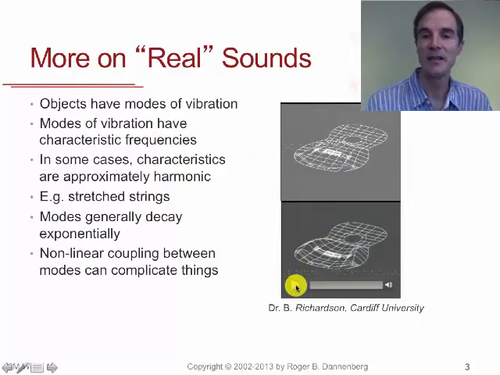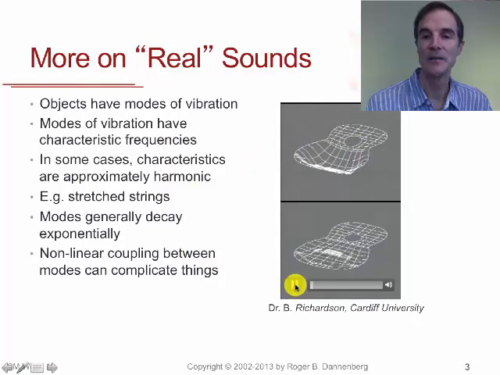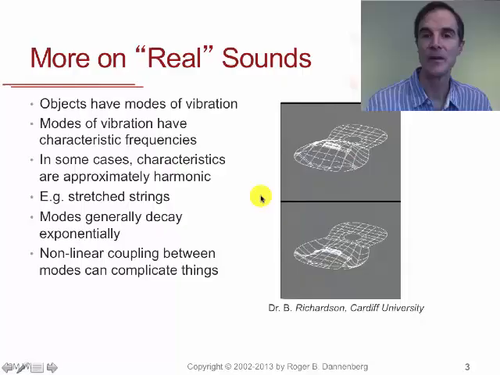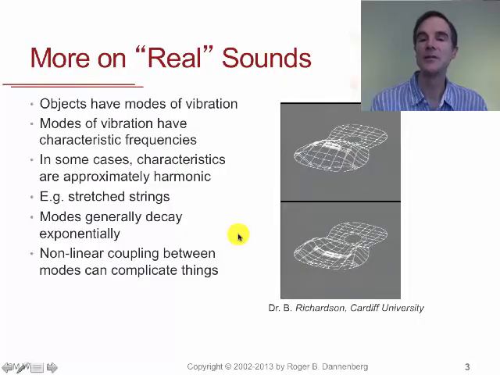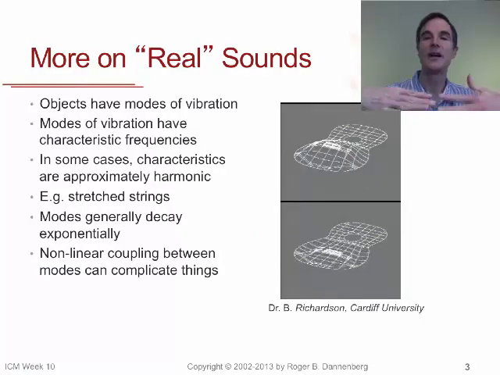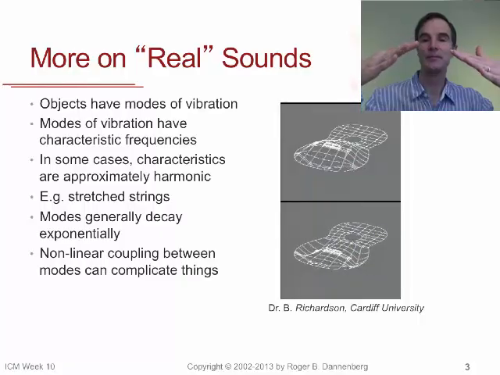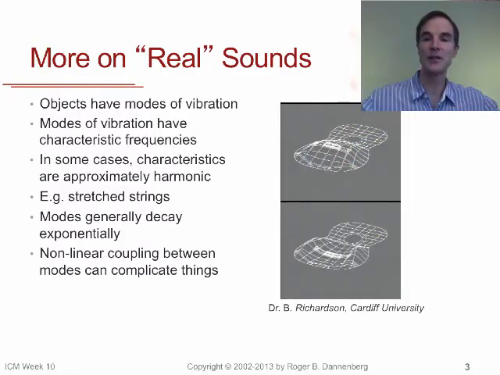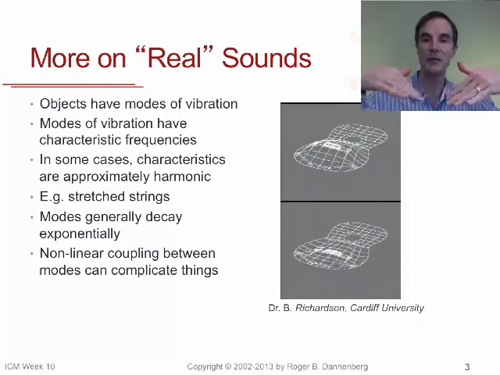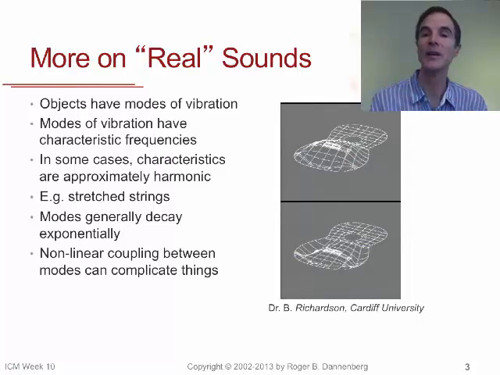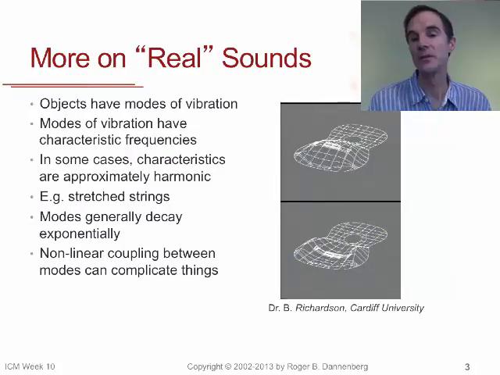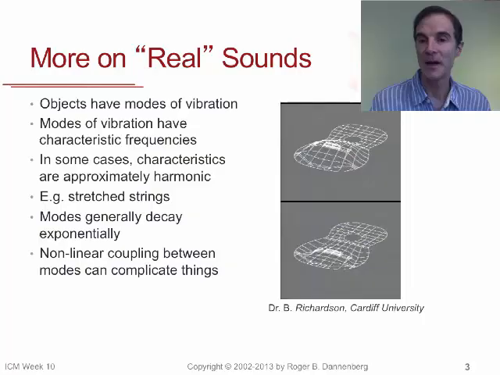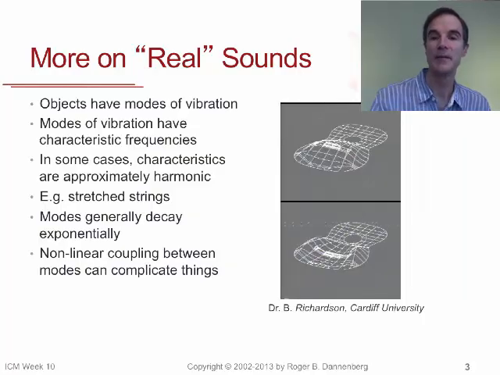Let's look at the next one down here. So this is a different mode where instead of the entire surface of the guitar top moving together, parts are coming up while the other part goes down, and this would, I think, obviously be a higher frequency, higher mode of vibration.